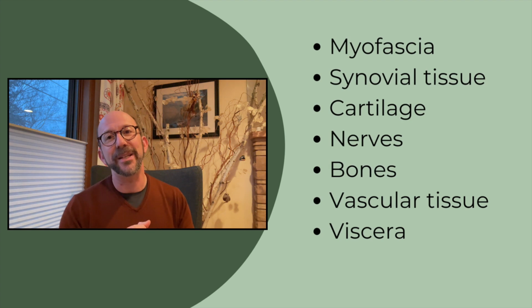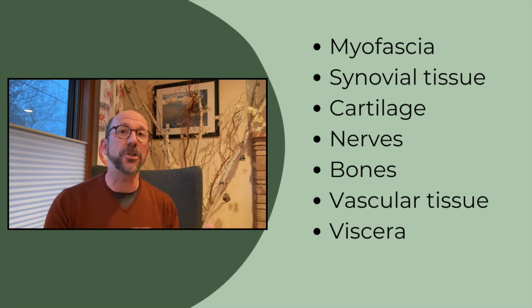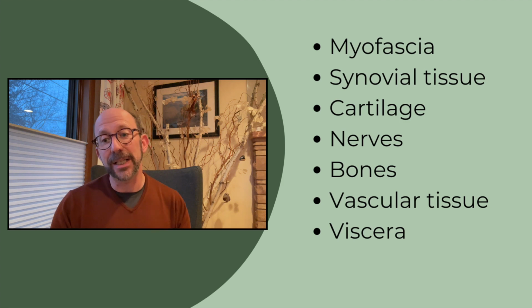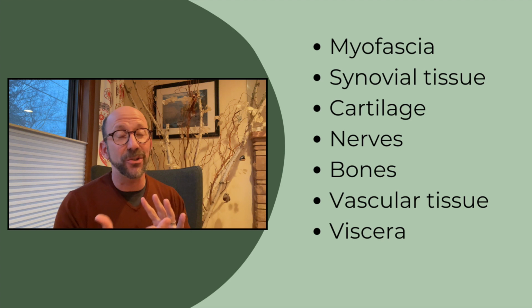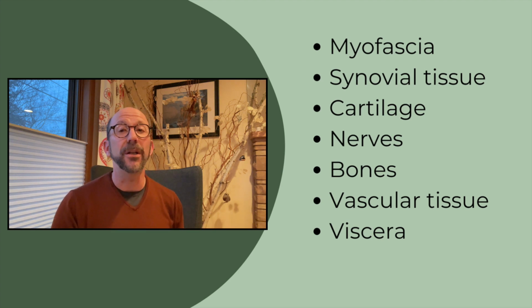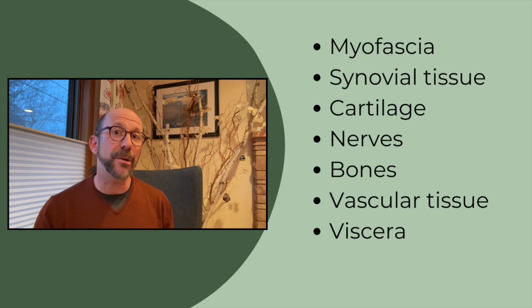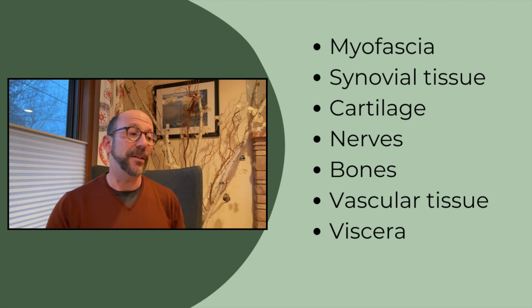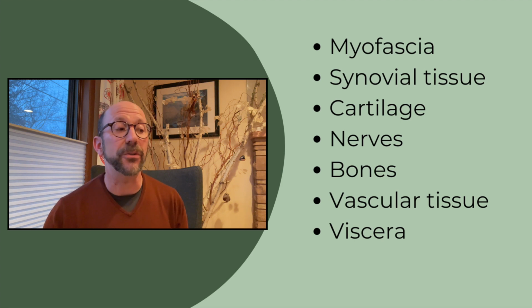So what tissues do we have? We have myofascia, and I like the term myofascia because it reflects the fact that the connective tissues and the muscles are deeply intertwined, interrelated, can be teased apart with a scalpel, but are very much two sides of the same coin, myofascia. We have synovial tissue, which are the joints, but also things like bursa and tendon sheaths. We have cartilage, in this case, cervical discs, which can refer pain into the shoulder and certainly affect shoulder function.